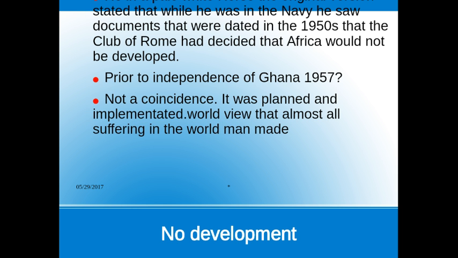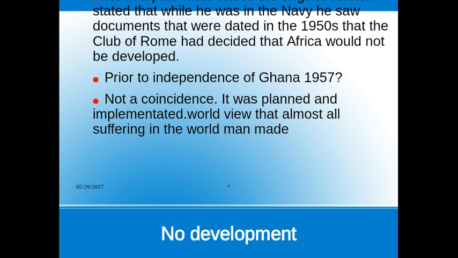With his security clearance, he said he saw documents which people say were validated by supposed Club of Rome documents from 1950. He wrote about this in a book he calls The Pale White Horse, from a verse in the Book of Revelation, for those wondering where the name came from.